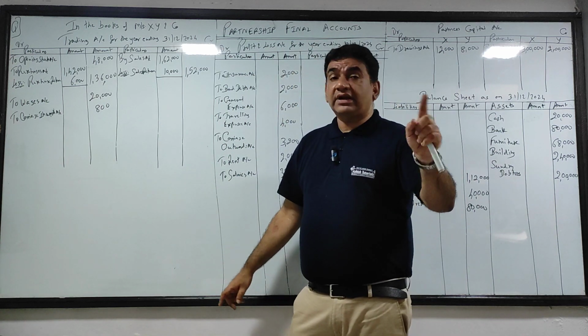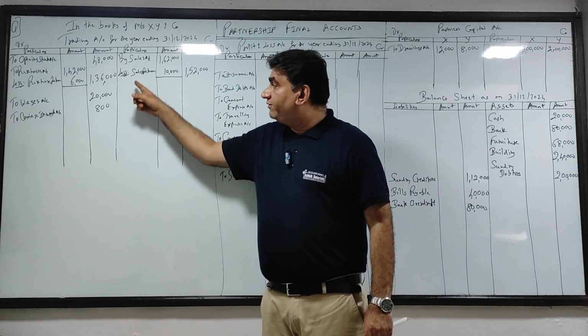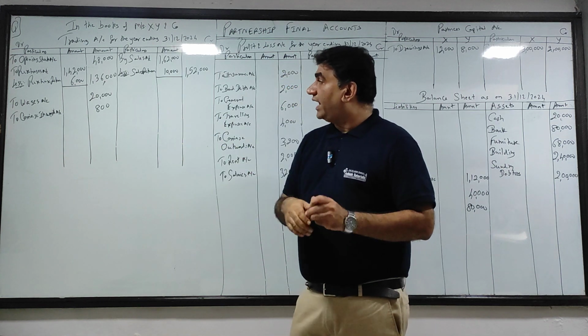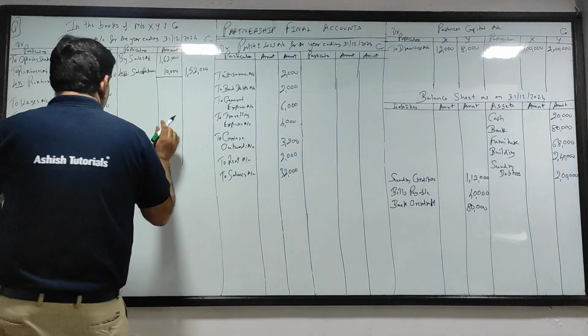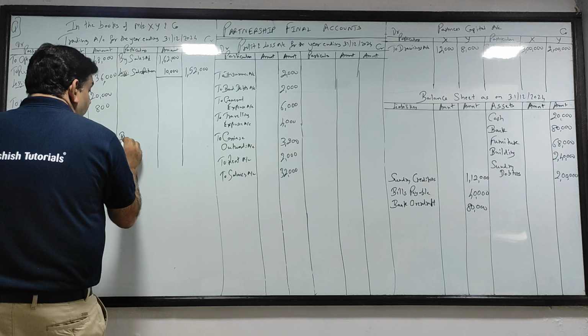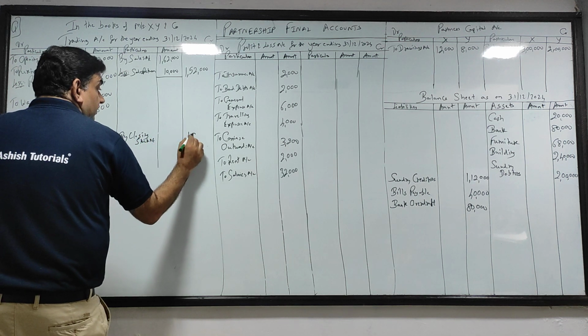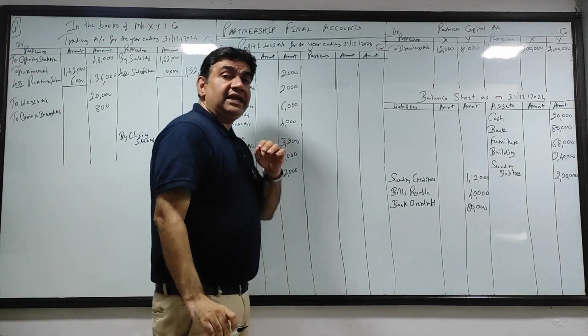And when you write closing stock, always remember, आगे जाके there will be few more adjustment which will come below sales. So when you write closing stock, you will write it below, say on the second last or the third last line. So come to the credit side, थोड़ा नीचे, by closing stock account, the amount what is given, that is 1,08,000.